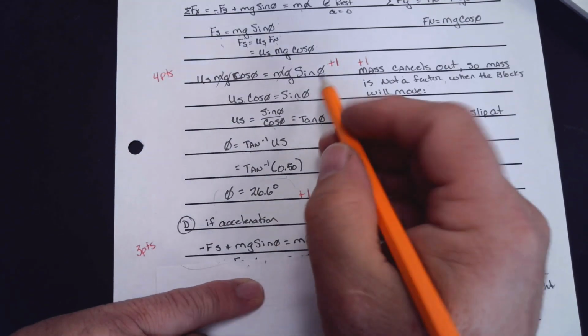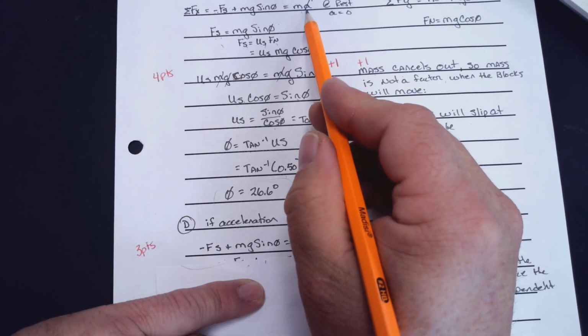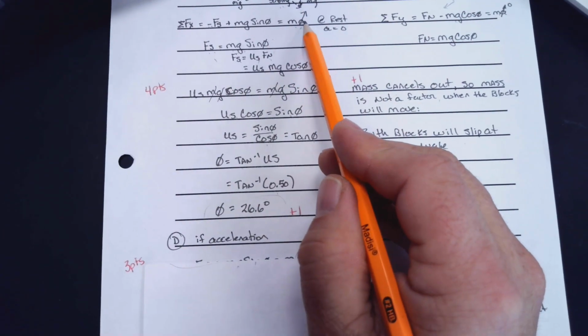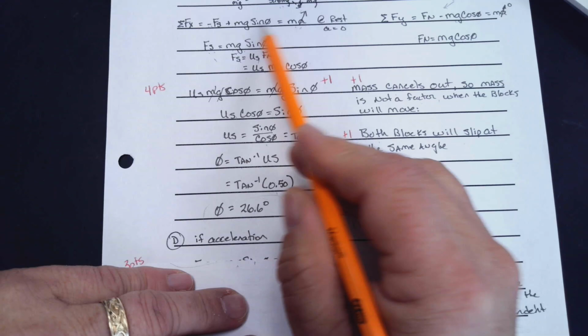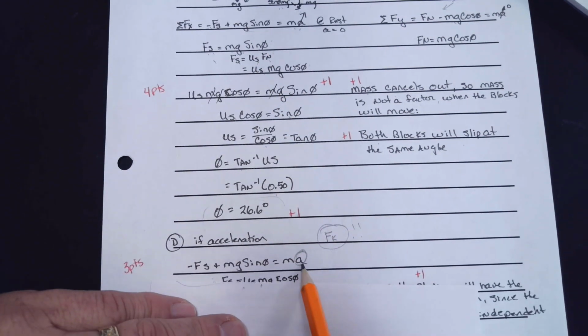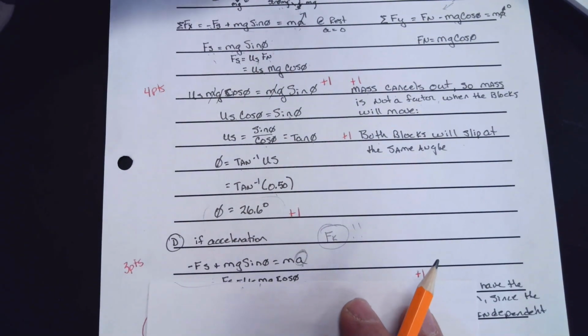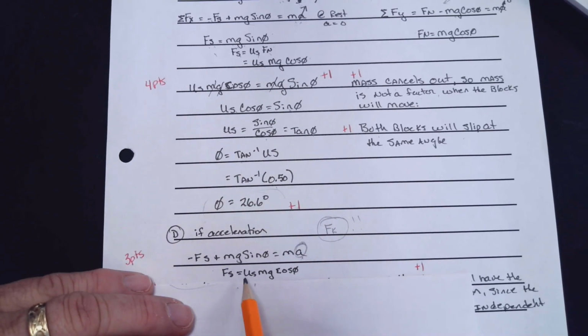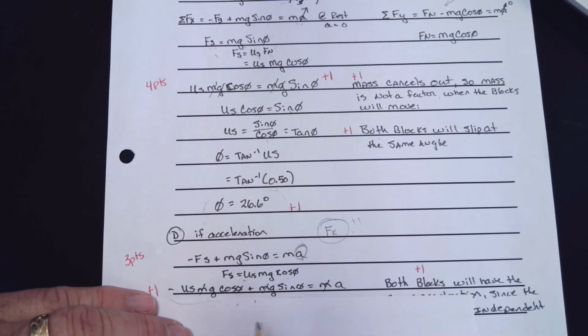I'm keeping it. Up here, I got rid of it. I'm using the same equation. This time I'm keeping it because it says I have kinetic. I'm going to put in this. I'm going to cancel out my masses.